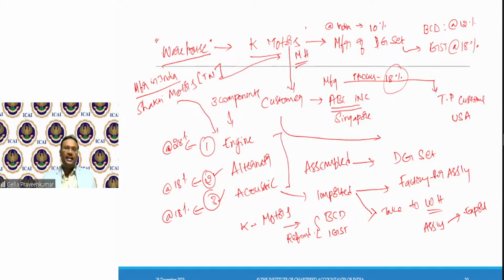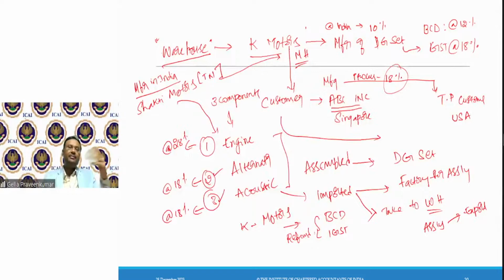So here, any process undertaken in the warehouse, which could be a small process or which could be a manufacturing activity, is permissible for the purpose of GST law. So the goods which are used in the warehouse, what am I doing? I'm trying to save customs duty. I'm trying to defer my outflow of cash.